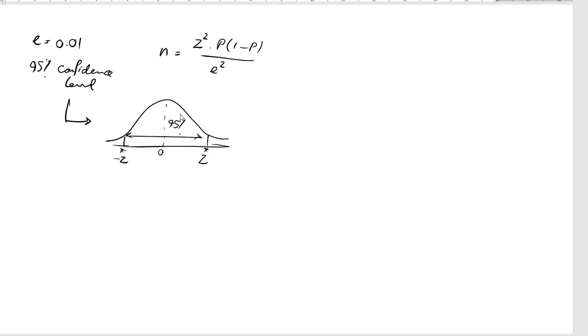From the body of the table, read the z value. But what's the area that I'm after? So let's change this. So this area is the area of interest. This area is 95% divided by 2, which would be 47.5%. Okay, so that's 47.5%.